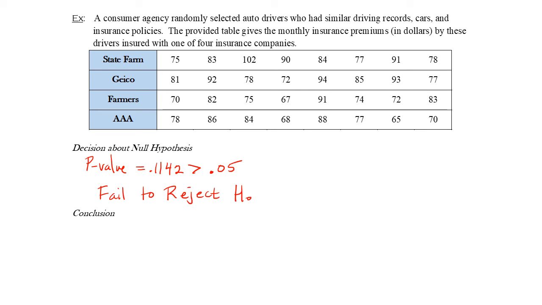And so the conclusion is that, since we're not rejecting, there's essentially not enough evidence to support the claim that any of these come from populations that have a different mean.